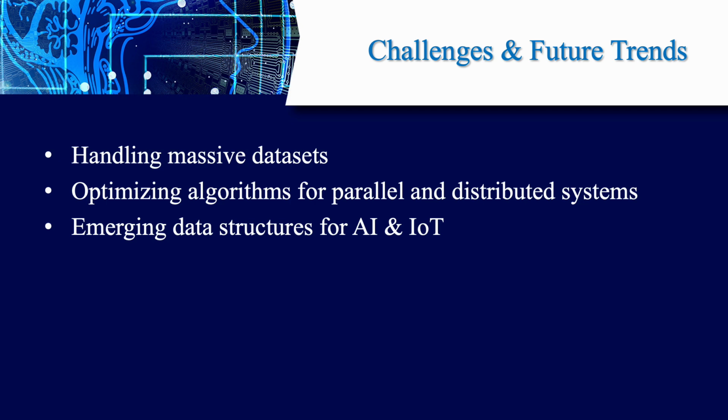Then we have emerging fields like AI, IoT and blockchain. If you take AI, we use graph neural networks to learn complex patterns, right? And coming to IoT, we rely on queues and circular buffers to process sensor data in a loop. And coming to blockchain, we use trees like Merkle trees, right, to verify the data quickly and securely.